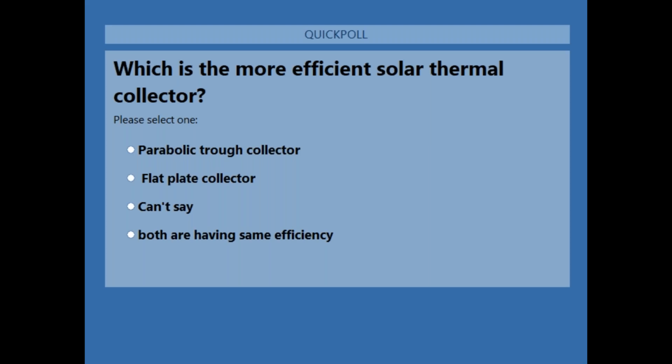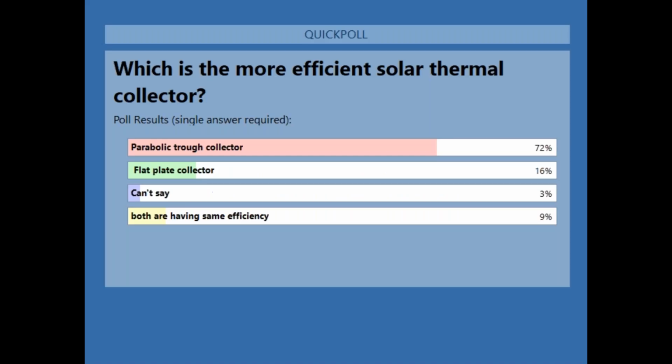We will wait for 1 minute. Okay, so 52 seconds over, 4 more seconds to go. So let me close it now. We have 56% votes. I close it and I will share the results.